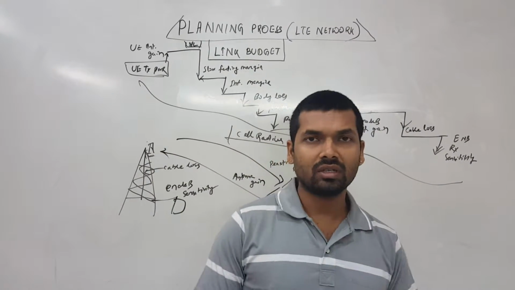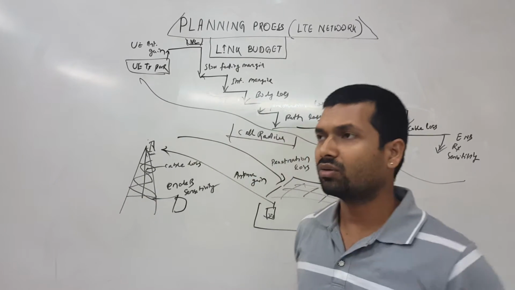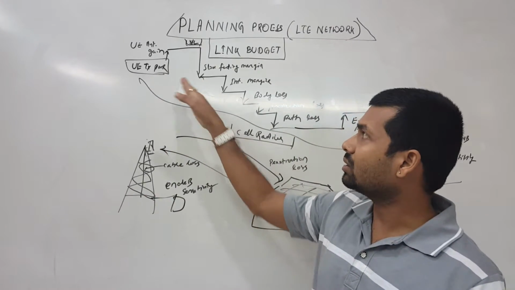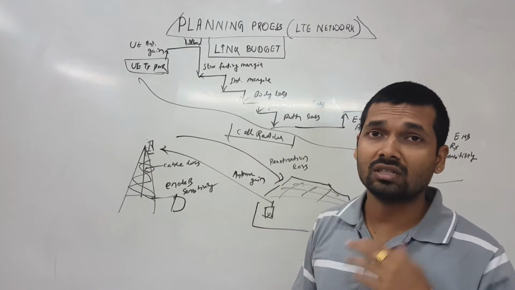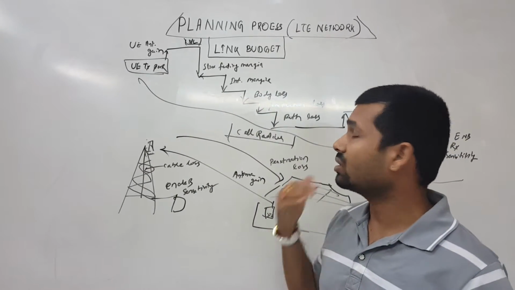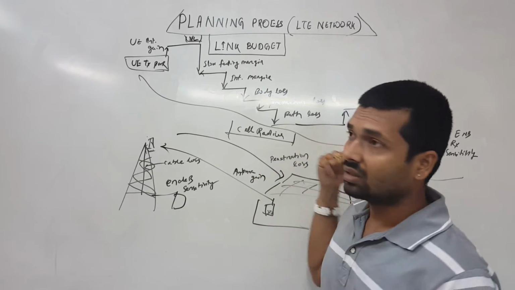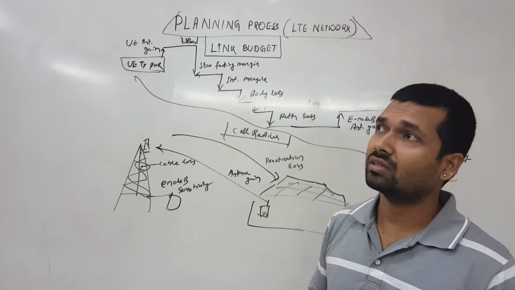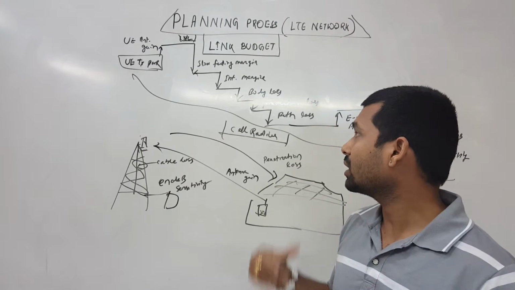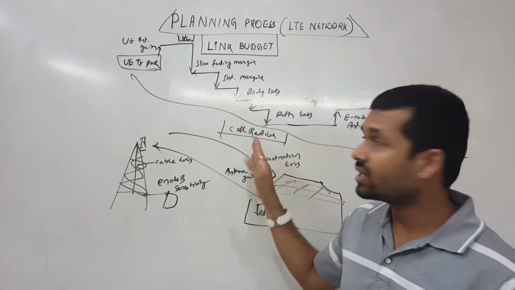In the next video, we'll be checking out the downlink budget, and we'll be going individually through antenna gain, slow fading margin, fast fading margin, interference margin, body loss, penetration loss, receiver sensitivity, and many more, and their values, and how finally we calculate the cell radius.